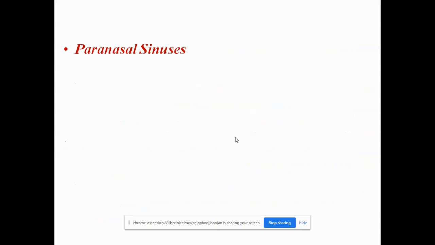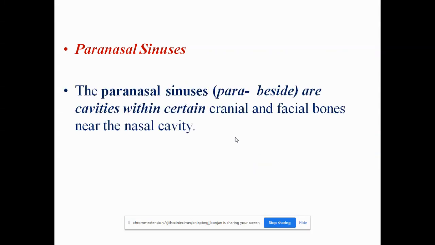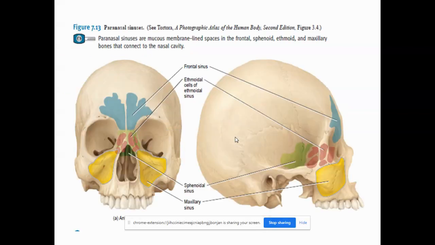Now we will see another unique feature of the skull, called the paranasal sinuses. Paranasal sinuses are cavities within certain cranial and facial bones near the nasal cavity. Here you can see a lot of paranasal sinuses. This is the frontal sinus, and the pink colored ones are the ethmoid cells of the ethmoid sinus.